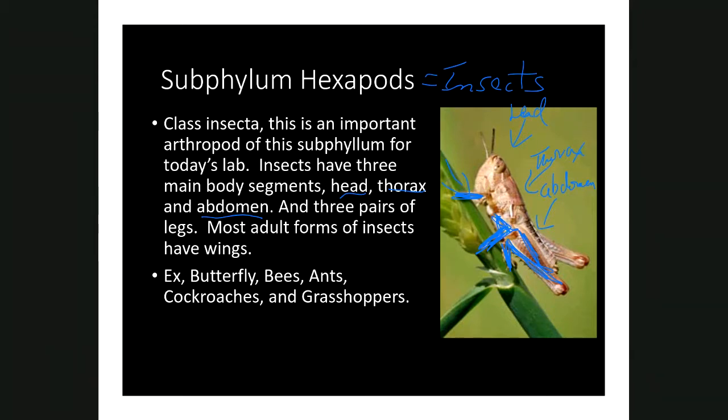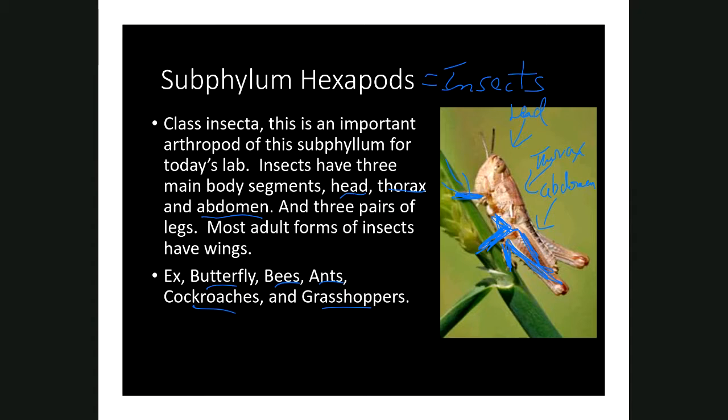All right, most of them have wings, so some of the primitive insects are wingless. But your best examples of insects would be butterflies, bees, ants, cockroaches, grasshoppers, termites. All right, all of these, beetles, all of those have wings.